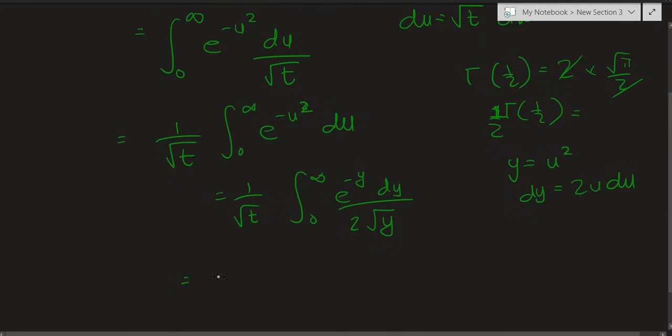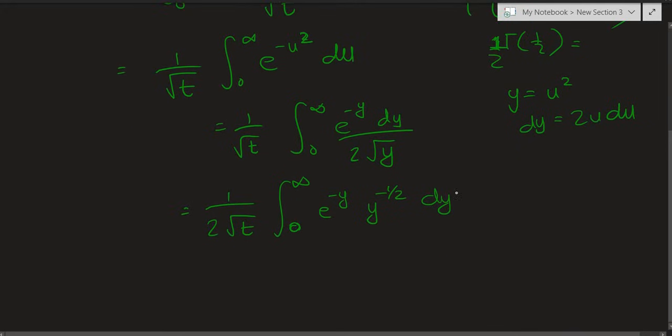So we can collect the 1 over 2 times square root of t term outside, and we have the integral from 0 to infinity of e raised to negative y times y to the negative half power dy. And if you compare this to the form of the Gaussian integral, this is just going to be y to the half minus 1, right?